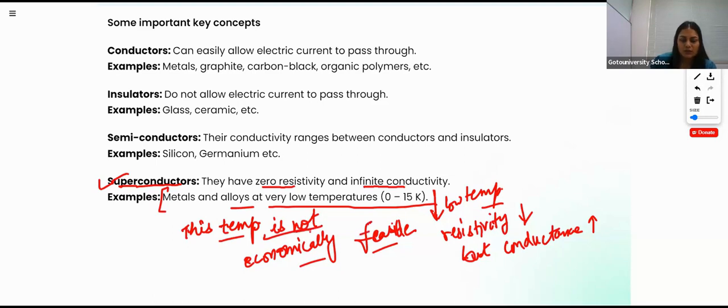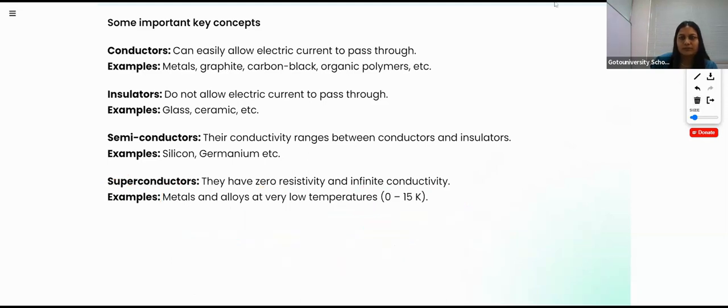Unless there is a need for superconductors, we cannot use them easily. They are not readily available. Why? Because attaining this low temperature is economically not feasible, and such a temperature is hard to achieve for metals.